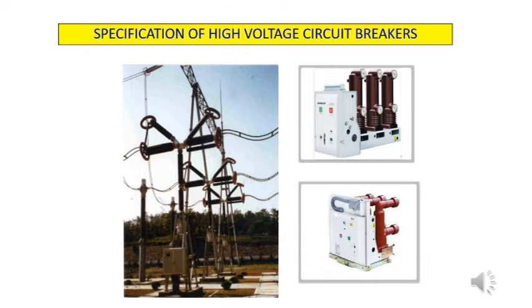Then we arrive at the high voltage circuit breakers. For high voltage circuit breakers we have the same basic specifications that we saw before for the isolators or disconnectors, and some more specifications which are related to the breaking capacity of the circuit breaker.